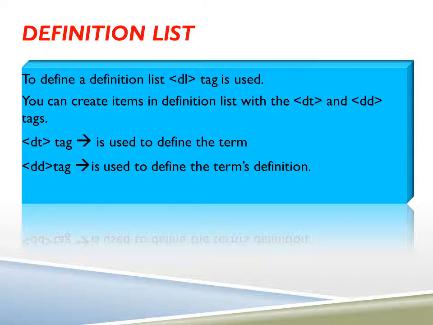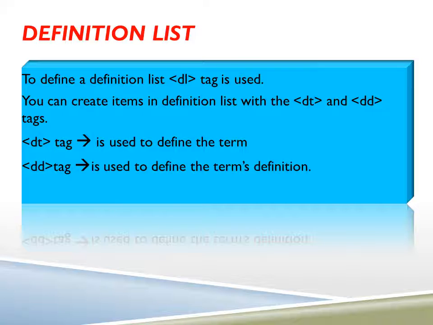Definition list. A definition list, as the name suggests, is used for defining a number of terms on the web page. To define a definition list, the DL tag is used. DL stands for definition list.